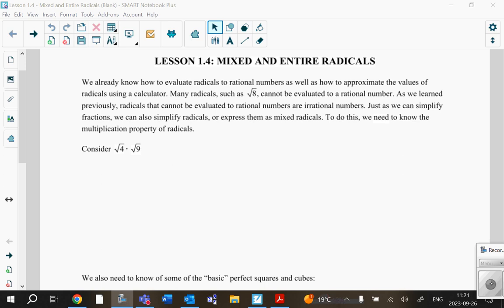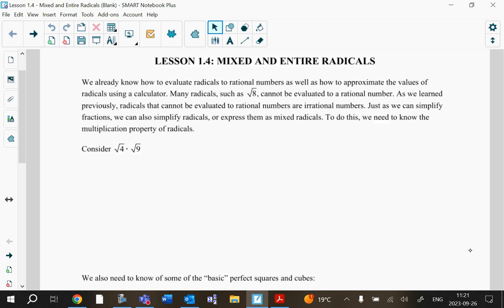This is something new we're going to look at today. But the stuff we're going to work with is familiar to you. We already know how to find the exact values of certain radicals.